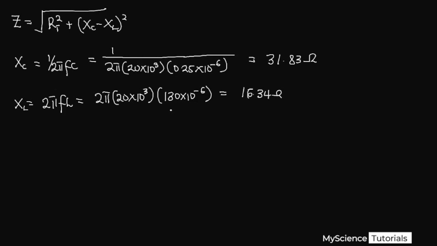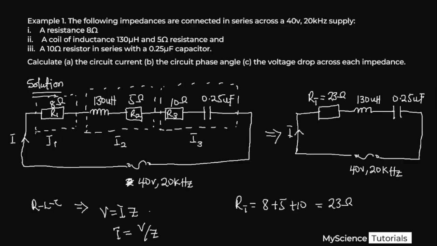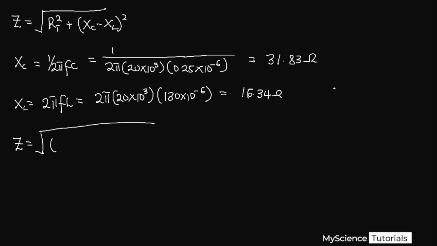So now that we have our capacitive reactance and our inductive reactance, we can now proceed to find our impedance. Our impedance, Z, will be equal to, we already stated the formula above, the root of our resistance. As we saw earlier on, the total resistance over here is 23 ohms, so we are going to use that.